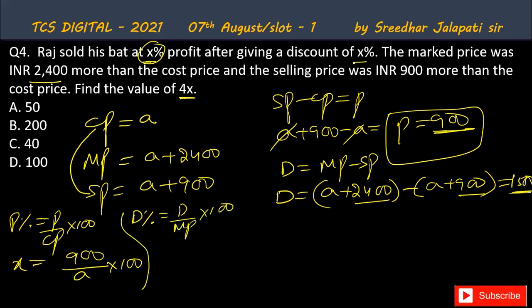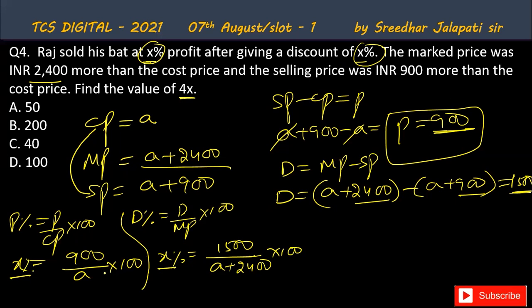Here also discount percent is given as X. So X percent is equal to discount 1500 by market price, what is market price? A plus 2400, into 100, right?